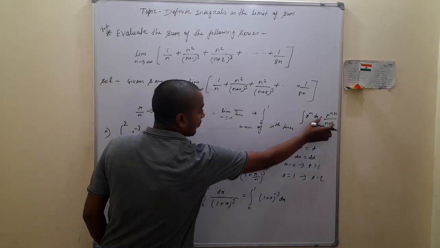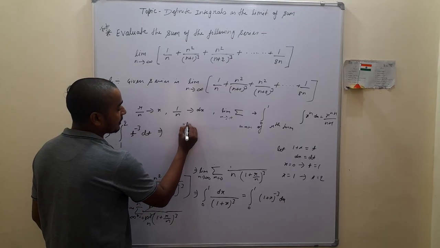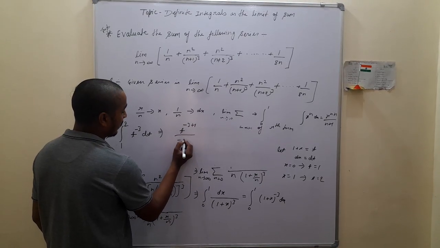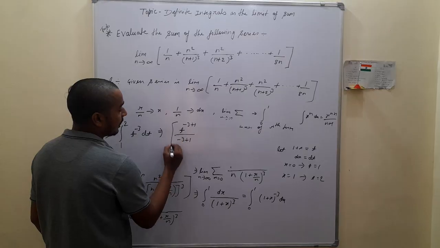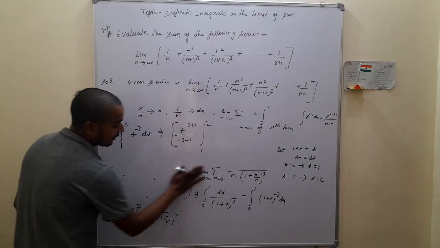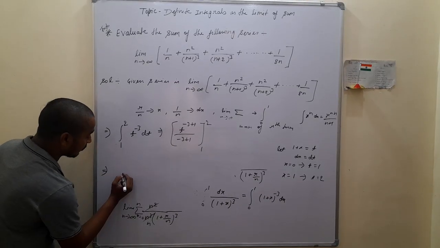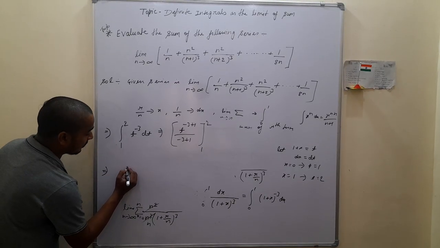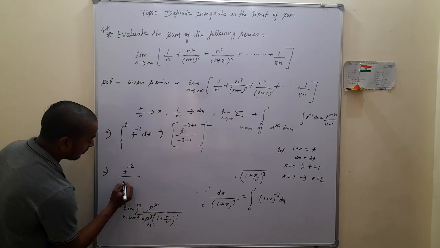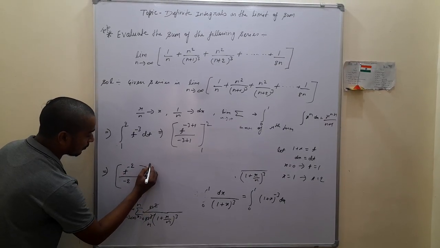From here we use the following result. We get t to the power of (minus 3 plus 1) upon (minus 3 plus 1), and we apply the limits 1 to 2, and further solving, t to the power of minus 2 upon minus 2, with limits 1 to 2.